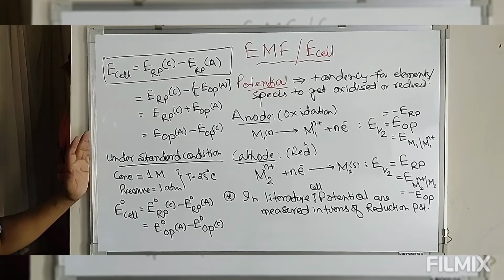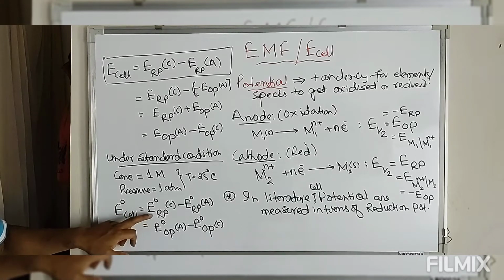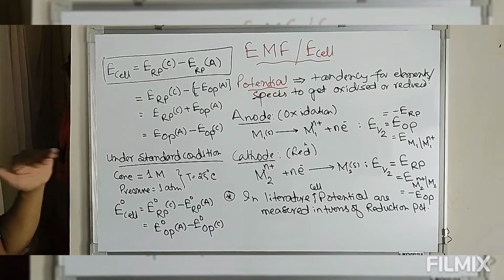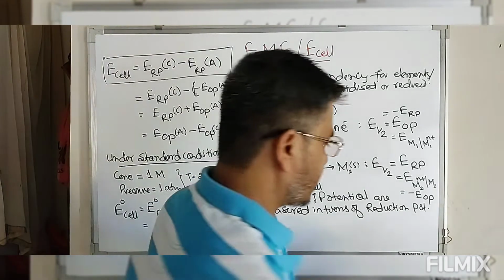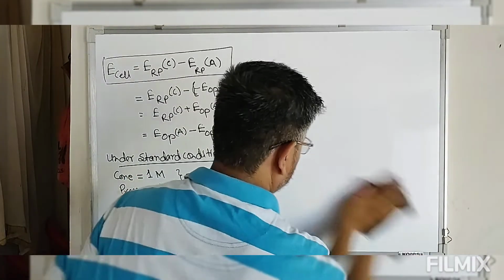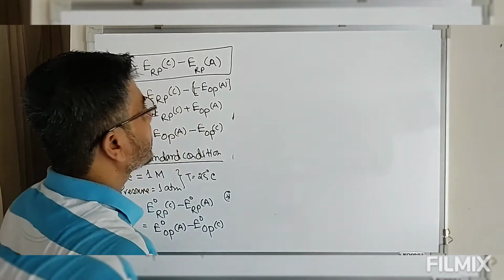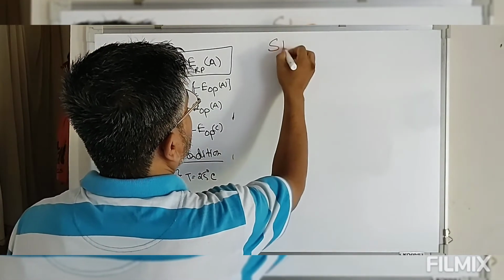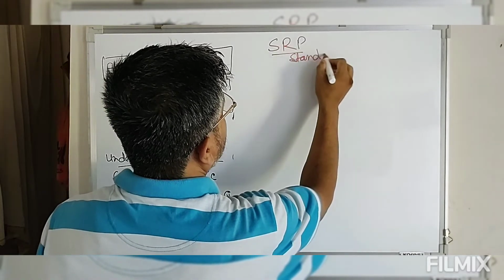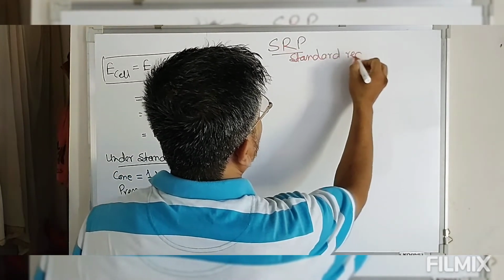So under this standard condition, we have to specify all these standard conditions. Now look at this, we have the standard reduction potential, SRP.